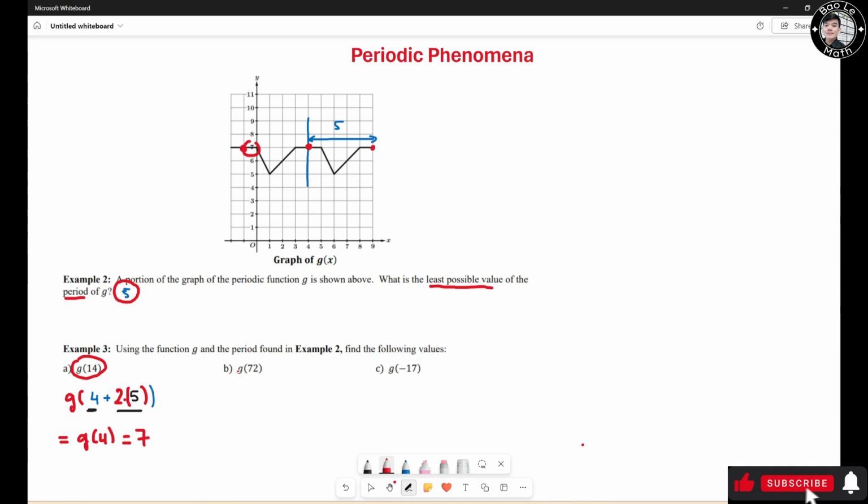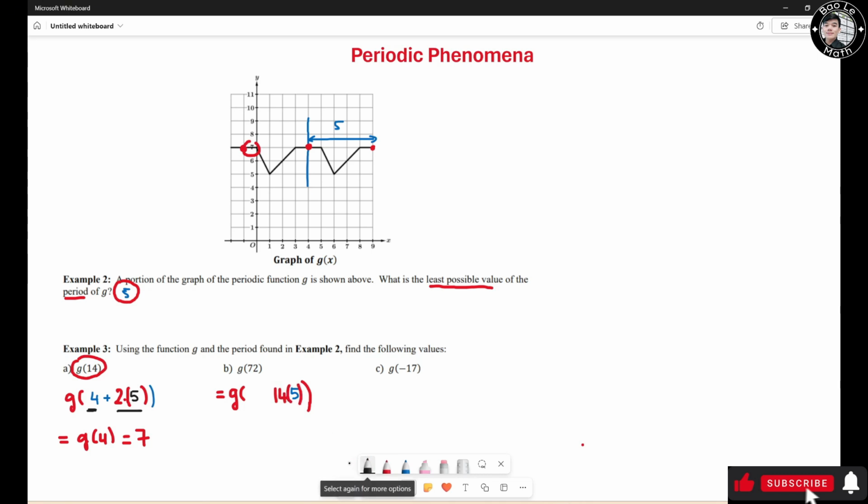Now let's move on to question B. Alright, so I do the same thing. It's going to be g of something right here. I don't know it. But I know that the period is 5, so I write 5 over here. Now, how many times does 5 go into 72? That means it's going to be 14, right? So I put 14 right here, times 5 equals 70, right?